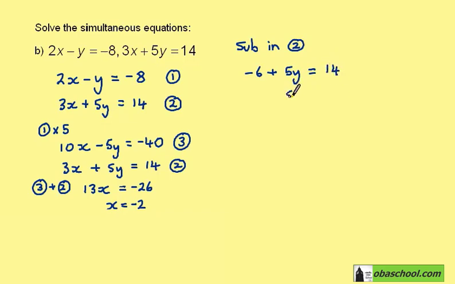Add 6 to both sides, and we get 5y is 20, and therefore y is equal to 4. So we have x is equal to minus 2, and y is equal to 4.